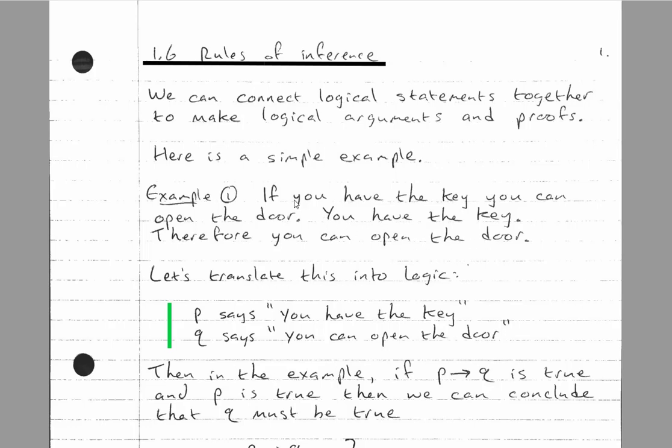These two statements: the first is an implication, so it says if you have the key, then you can open the door. And the second statement says that the first part of that is true, you have the key. So then your conclusion is that you can open the door.